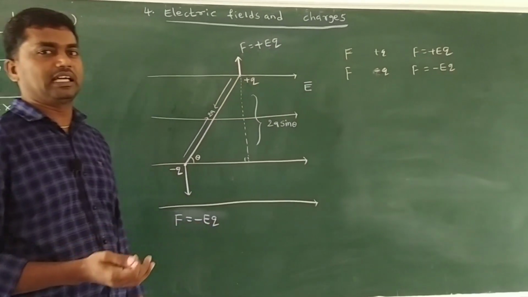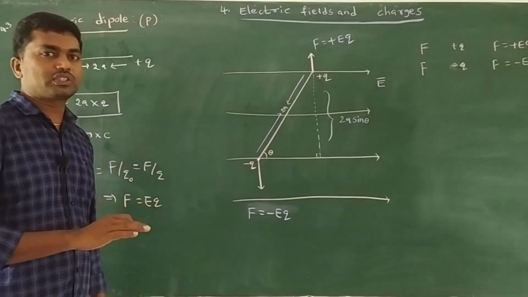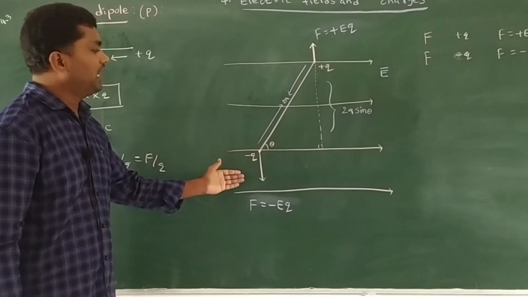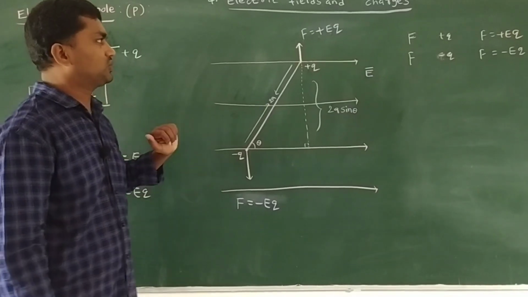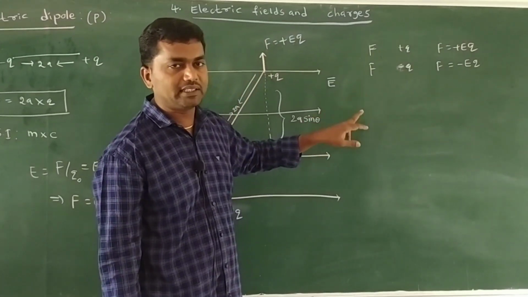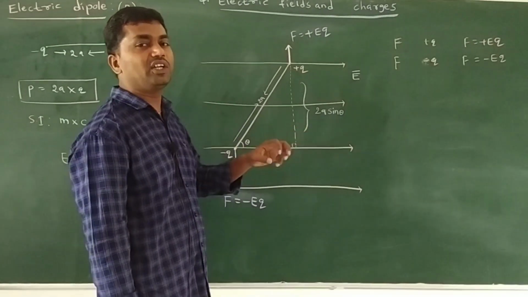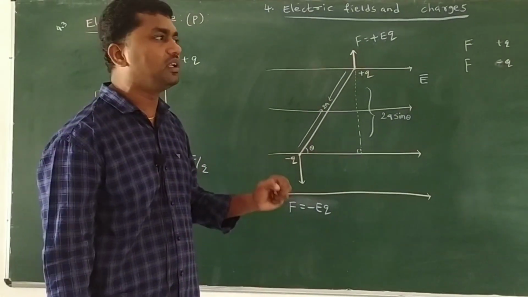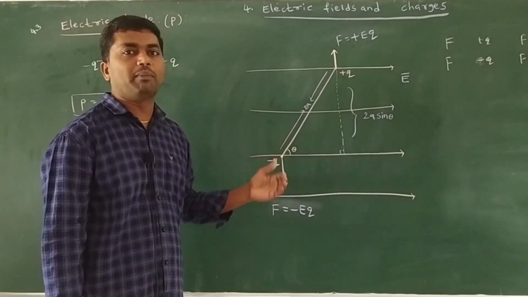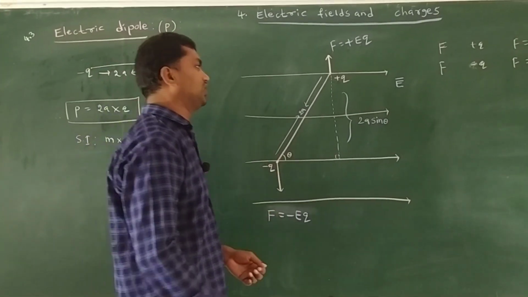The two forces are equal and opposite, so the resultant force on the electric dipole is 0. But the dipole can produce a torque in the electric field.